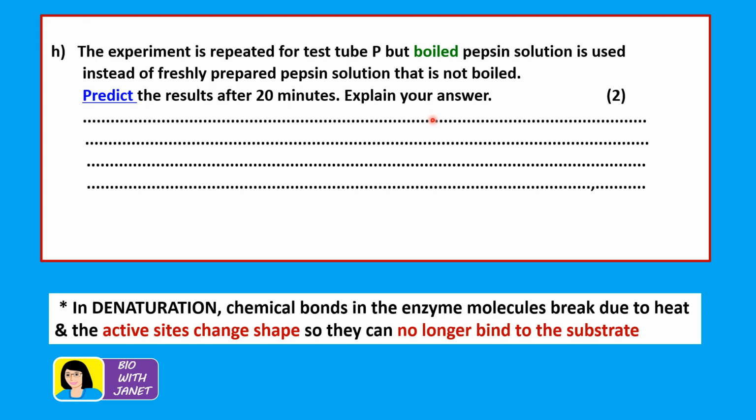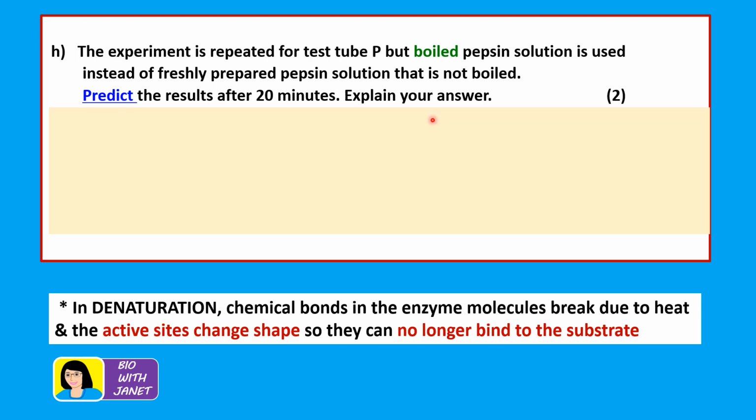So in this case, when you predict, you have to compare with the test tube P, the original test tube P, which uses the freshly prepared pepsin solution that's not boiled. But now in this second experiment, you boiled the pepsin solution first. So is there any difference to the results after 20 minutes? Will the mixture turn from cloudy to clear, or will it not?